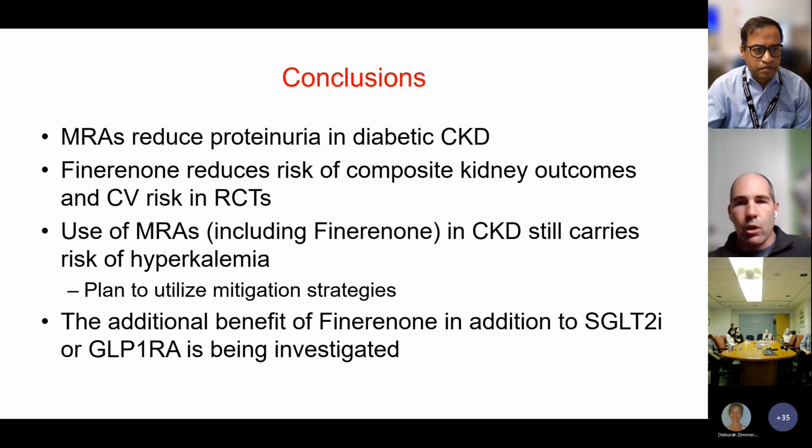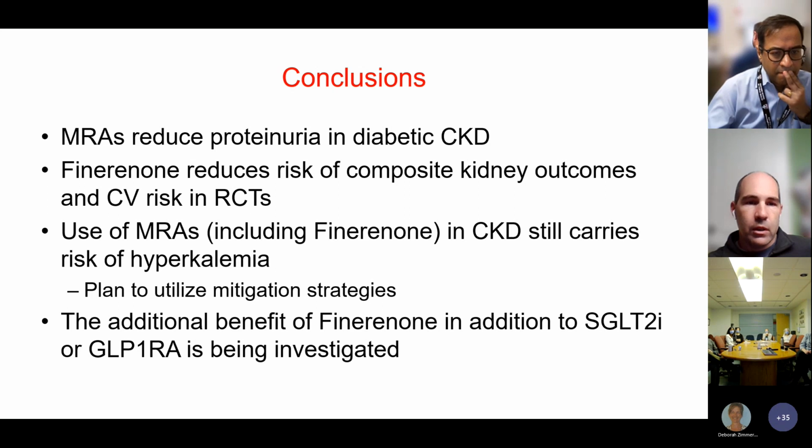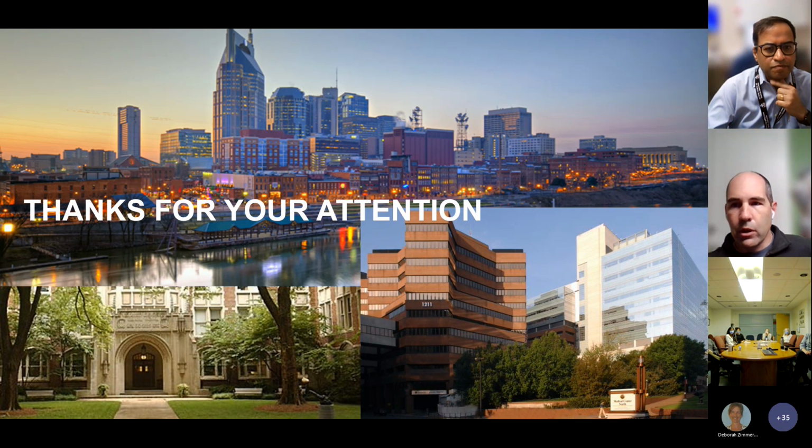So they have shown that this drug class is beneficial in diabetic kidney disease for kidney disease outcomes, but also cardiovascular outcomes. You do still have hyperkalemia risk that you've got to mitigate in people on an MRA, including finerenone. And like I said, the last group of studies to be done is SGLT2 and GLP-1 agonist.